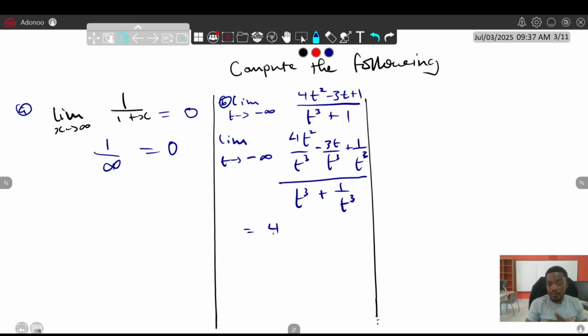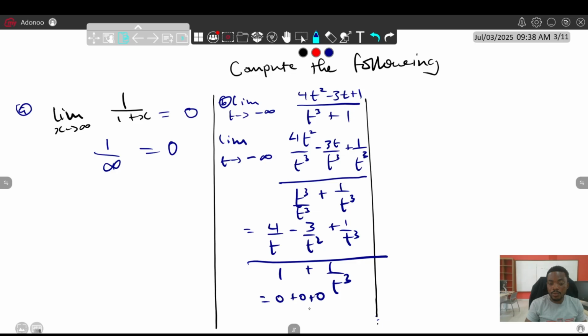So this gives us 4 over t minus 3 over t squared plus 1 over t cubed, all over, this is t cubed over t cubed, so we have 1 plus 1 over t cubed. So this goes to 0, this goes to 0, this goes to 0. We have 0 plus 0 plus 0 all over 1 plus 0, which is equal to what? 0 over 1. And finally, this is equal to 0.